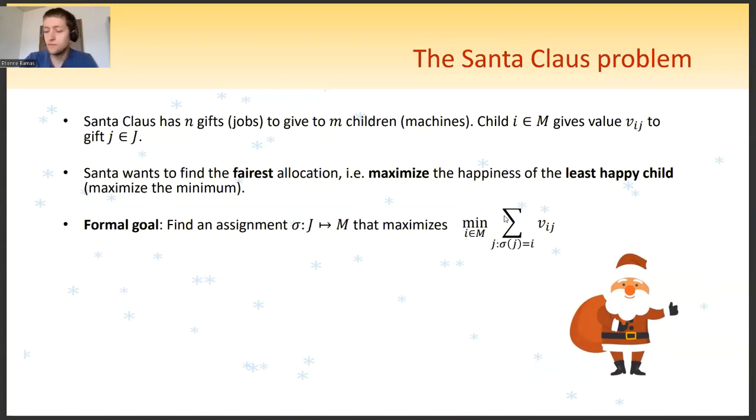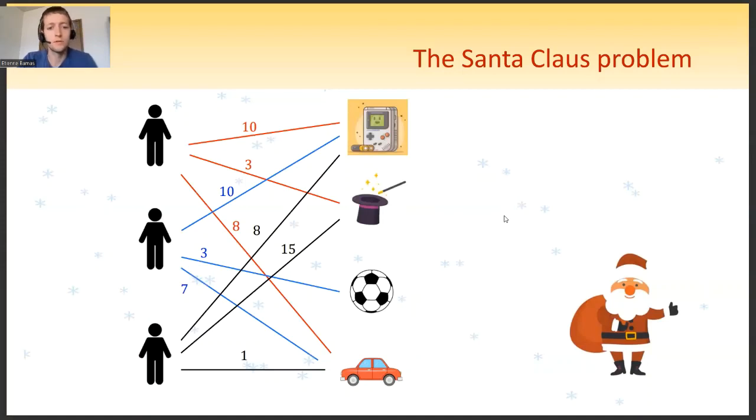Let me give you a quick example so that we are all clear on the setting. Imagine I have these 3 children on the left and these 4 gifts on the right, and each child gives me its valuation. For instance, the first child gives value 10 to the Game Boy, 3 to the hat, 0 to the soccer ball, so I didn't draw the edge, and 8 to the car. Here is a feasible allocation.